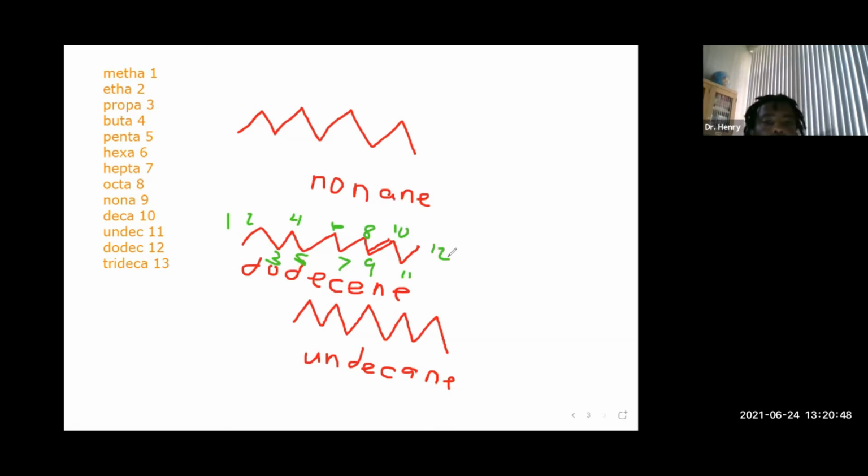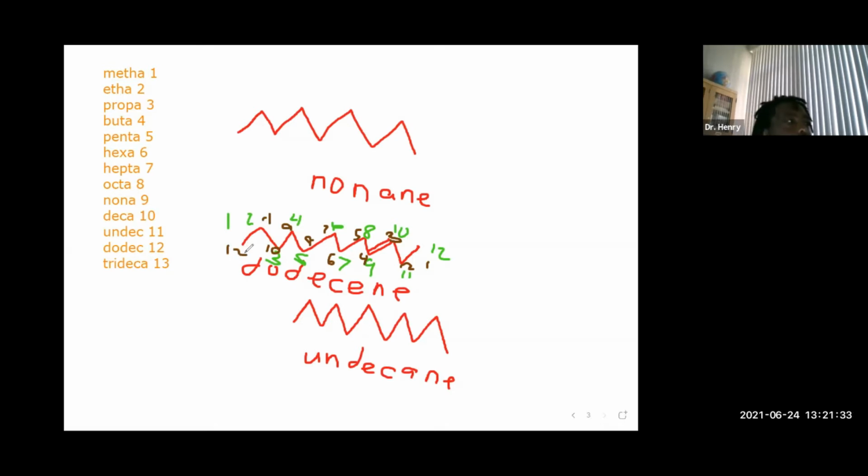Or I can number it going the other direction, where we start off with 1 on the other side, like this. 1, 2, 3, 4, 5, 6, 7, 8, 9, 10, 11, and 12.